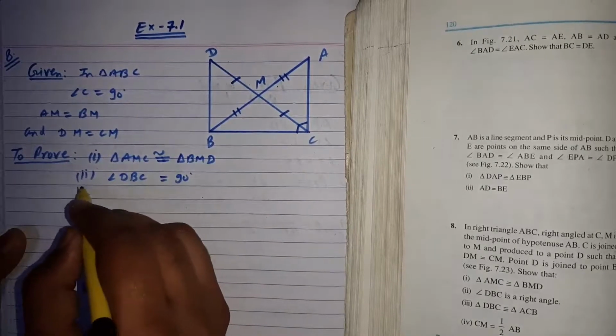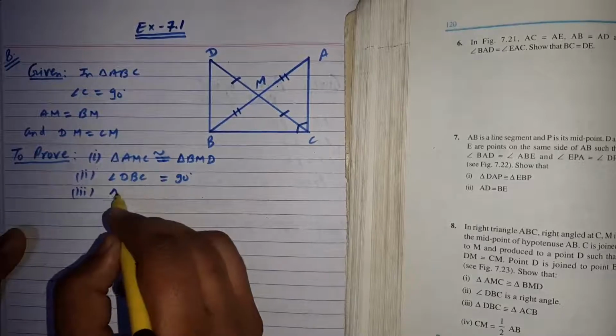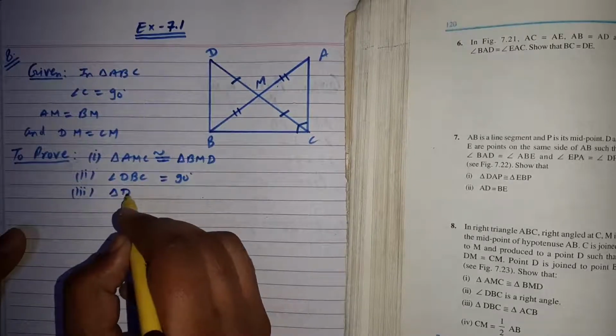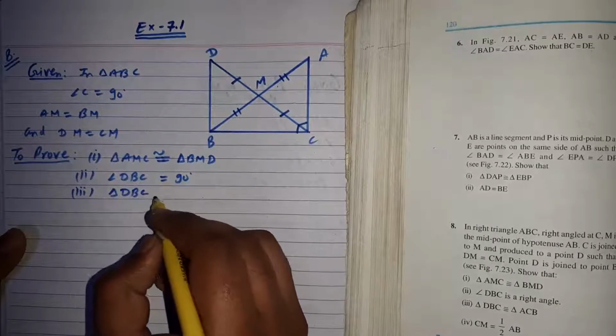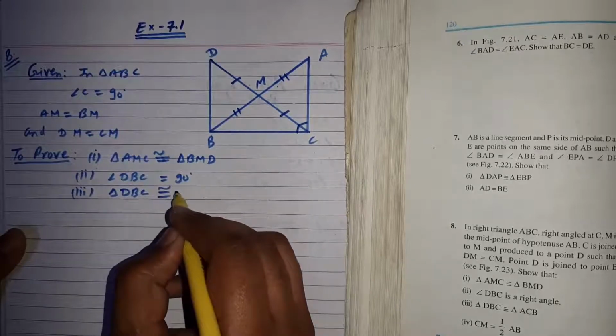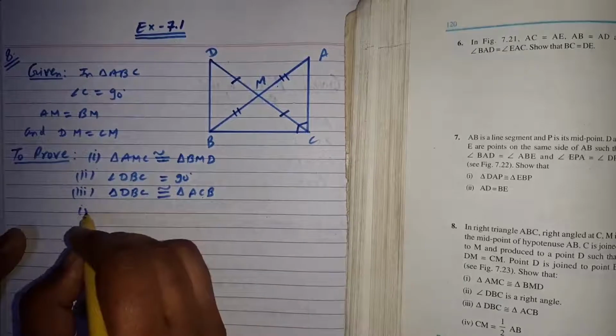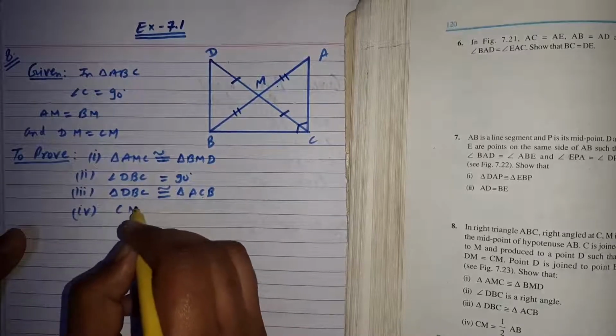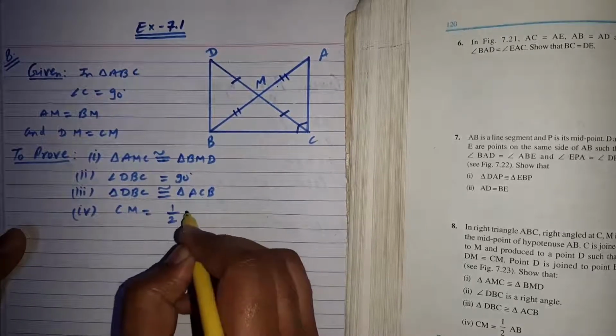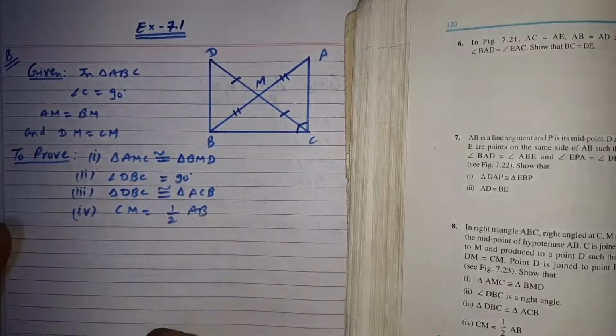Third part, triangle DBC is congruent to triangle ACB, and the fourth part, CM is equal to half of AB.